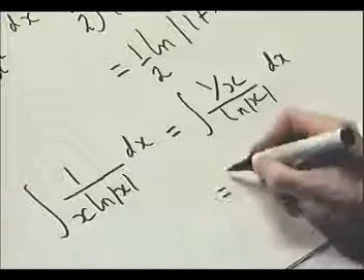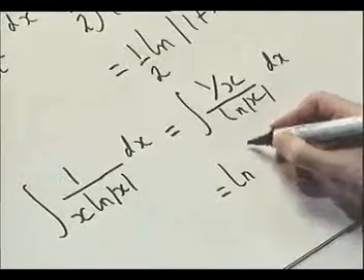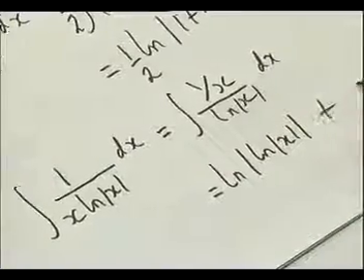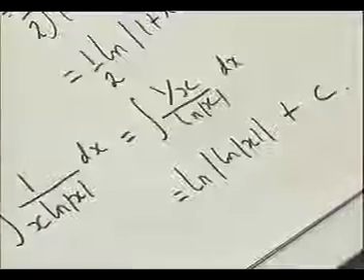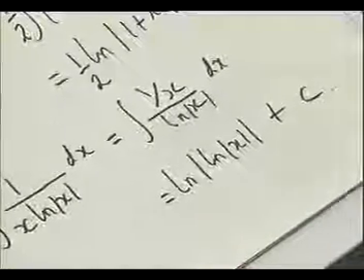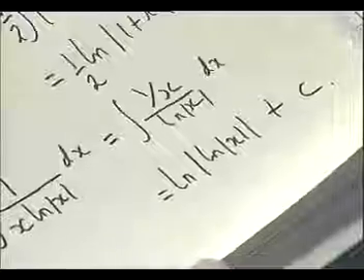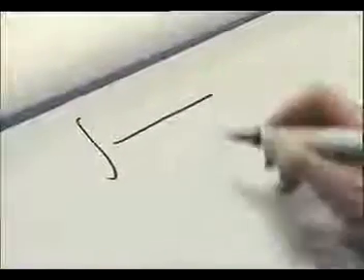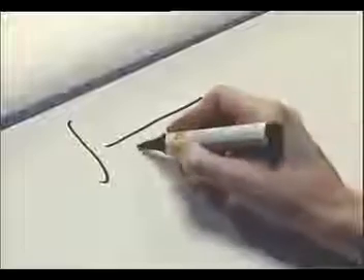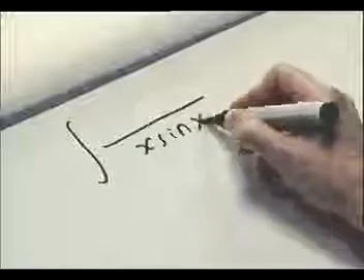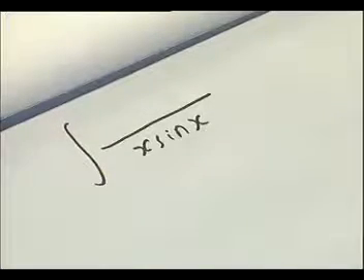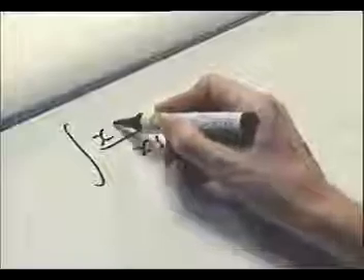And so again, this is the log of log x plus a constant of integration, c. So even in something like that, we can find what it is we're actually looking for. Let's take one more example, a little bit contrived, but it does show you how you need to work and look to see if what you've got on the numerator is in fact the derivative of the denominator.